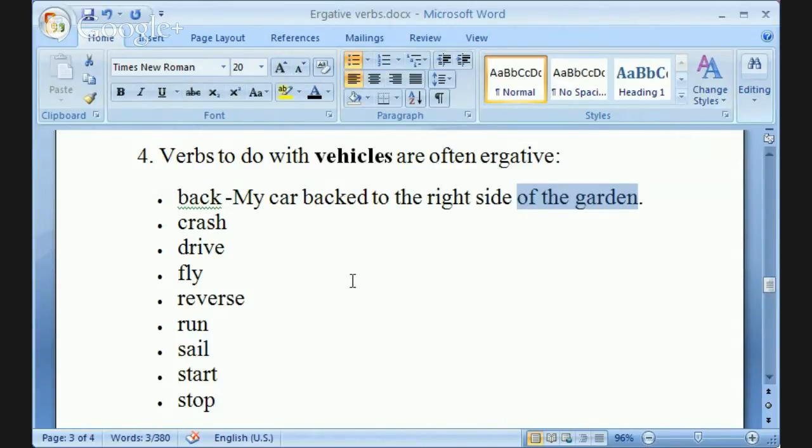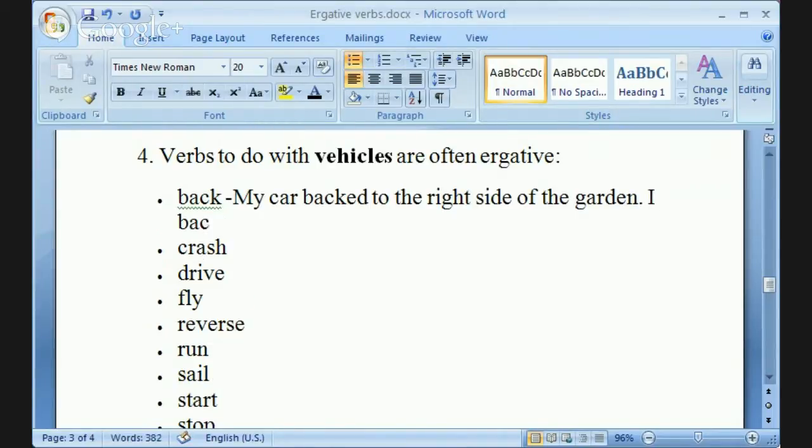I backed my pen into my bag. What? I backed my pen? Yes, my pen into my bag.